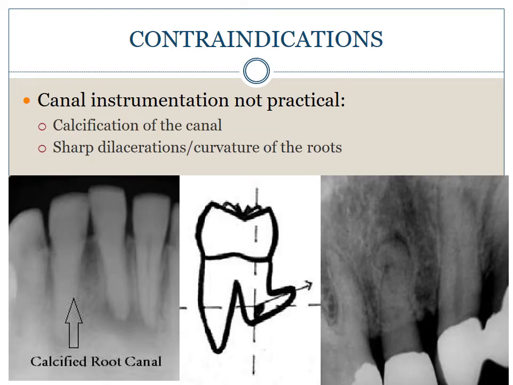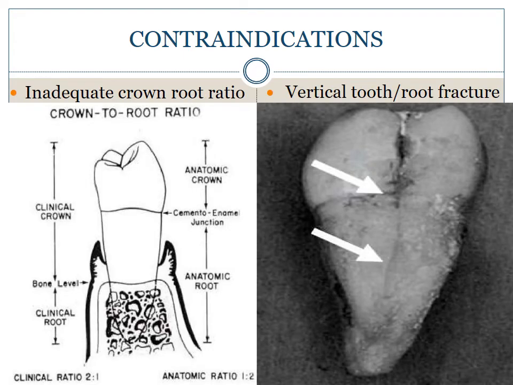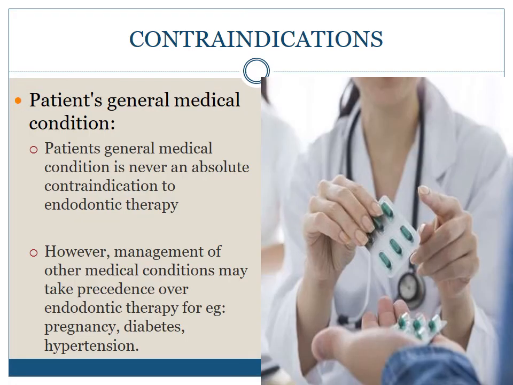Canal instrumentation is not practical in cases of calcification of the canals or sharp dilacerations or curvature of the roots. In cases of non-restorable teeth, RCT is completely contraindicated. In case of vertical or horizontal root fractures, inadequate crown-to-root ratio, they are a contraindication.